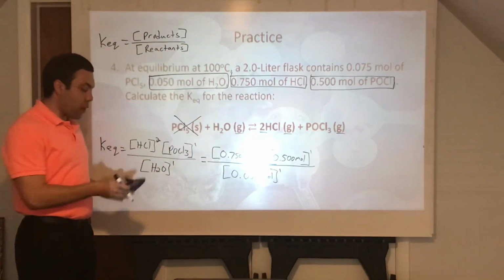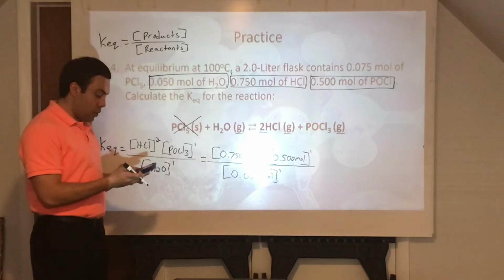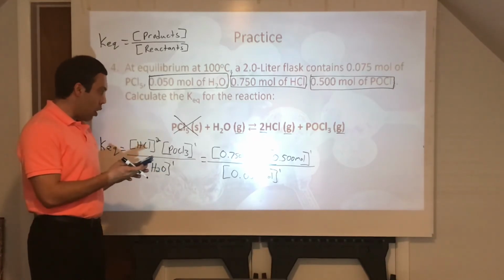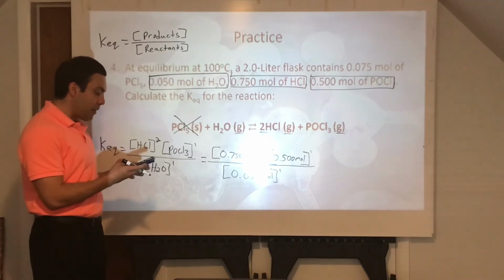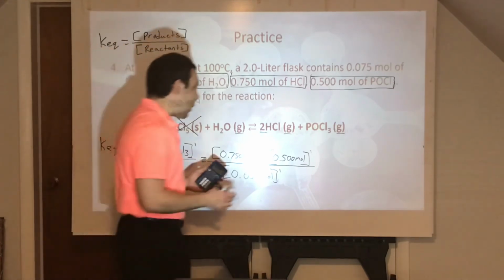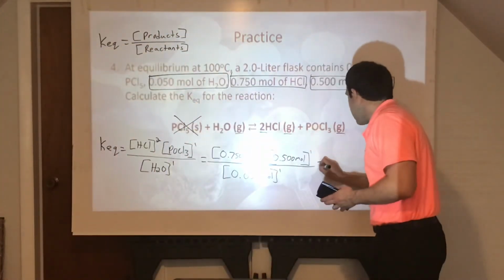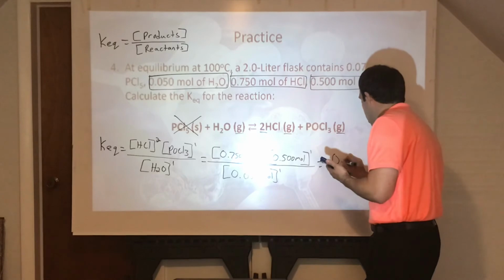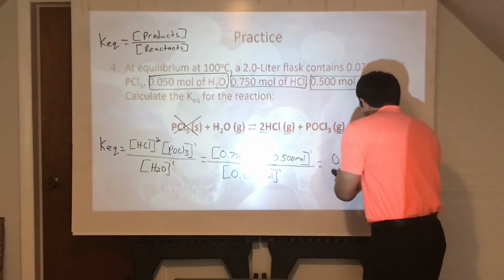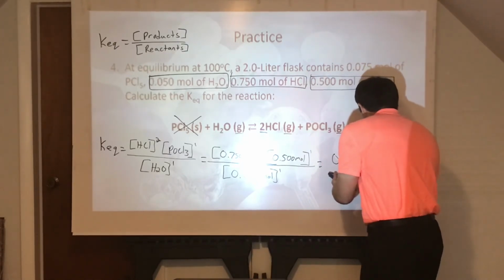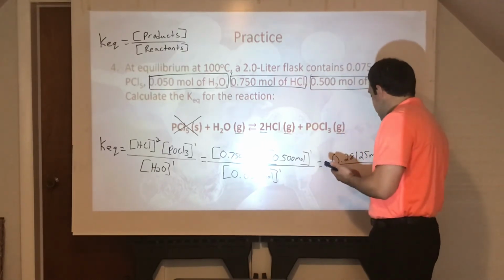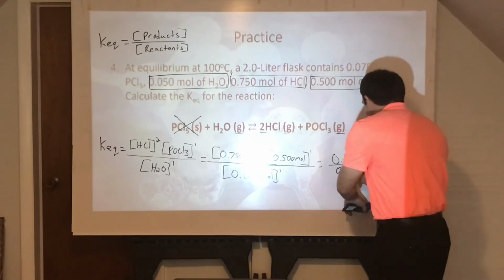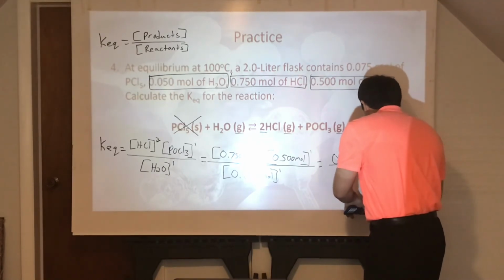I would take this very slow again. I would do 0.750 raised to the second power times 0.500. I would hit enter, and I would get an answer of 0.28125 moles divided by 0.050 moles.